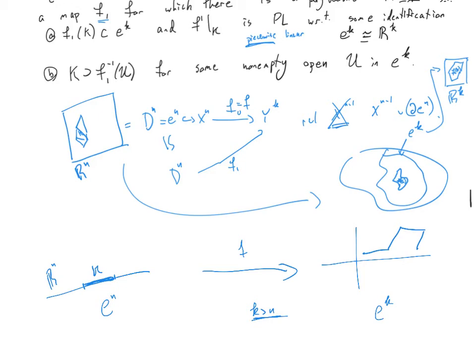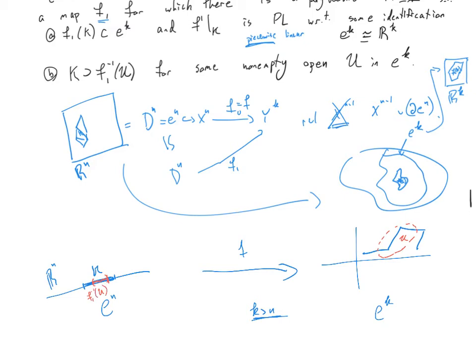So there's some open U whose pre-image under F is entirely contained in K. So you have an open set, let's say maybe something like this, U, and its pre-image only lands in K. So this section here of K, F1 inverse of U, looks good, right?